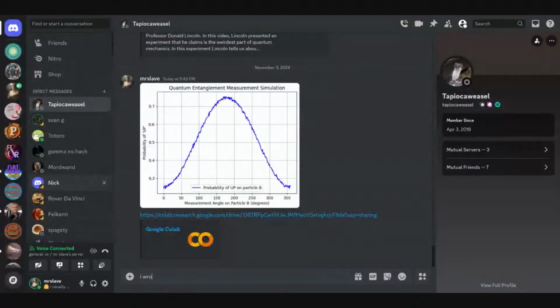I wrote a simple Python that reproduces the weird entanglement. LOL.